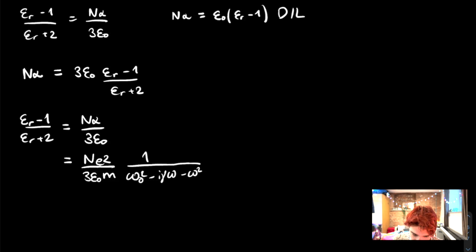There's not going to be a lot of collisions between the electrons within our system. So we're just going to end up with N e squared divided by 3 epsilon naught m times 1 divided by omega naught squared. This is very much an approximation as to what's going to happen.